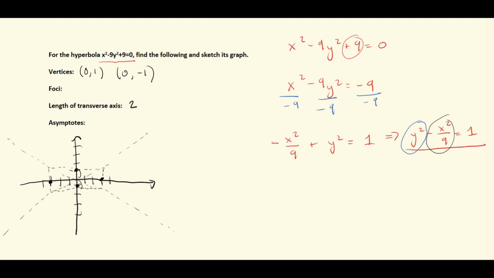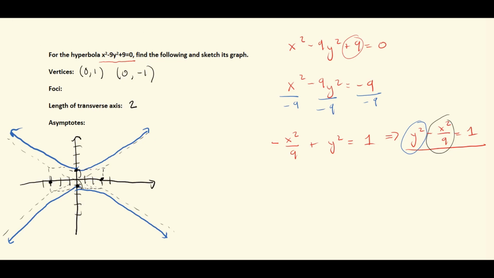And then when we sketch our hyperbola, it's going to go through both vertices, and it's going to go along the asymptote and get closer and closer, but never touch it. And then same thing with the bottom. It's going to go through this vertex. It's going to approach the asymptotes. So this is our sketch.